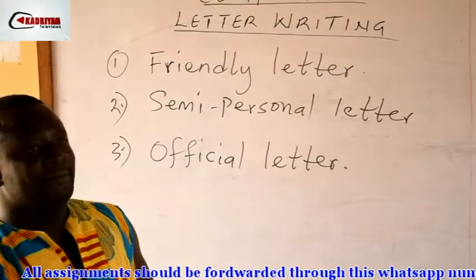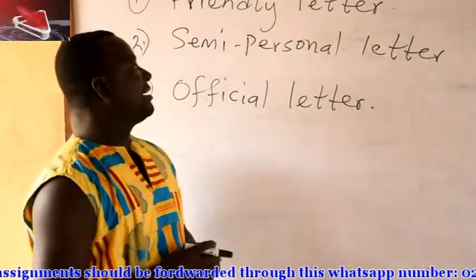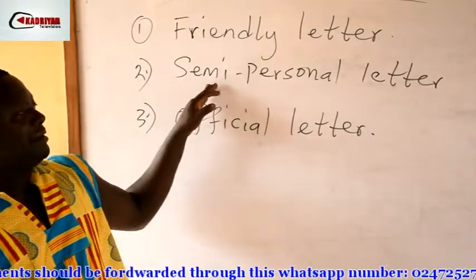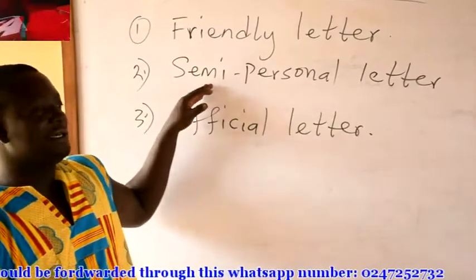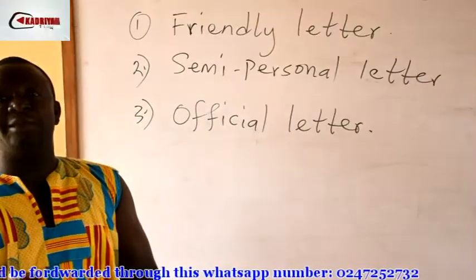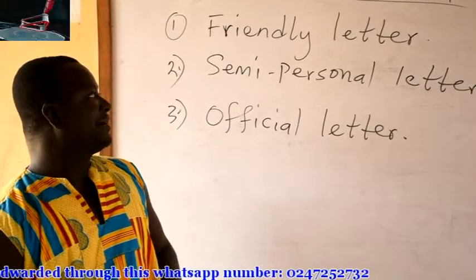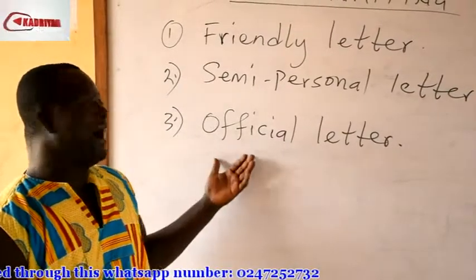I said we have different kinds of letters, and the first one, we have friendly letter, we have semi-personal letter, or you can also say we have informal letter. That is friendly letter, then semi-formal letter, and then formal letter.